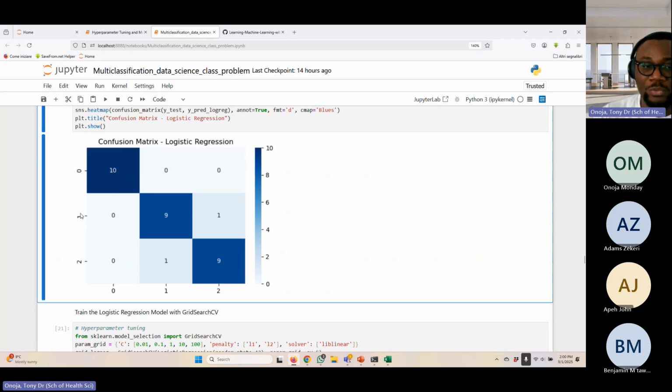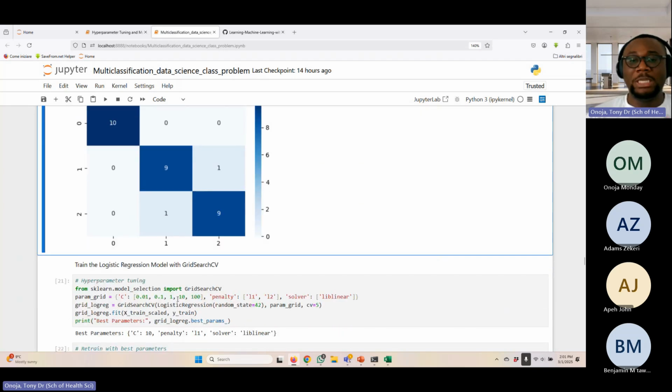But when you move to the other one, you will see that it got 9 out of 10 correctly. So it missed out this one and said it should belong to this one. This is because both of them look quite similar. So the machine was struggling to find where this one belongs. Then the same thing for the third one, Virginica: you will see that it got 9 correctly and missed out 1.